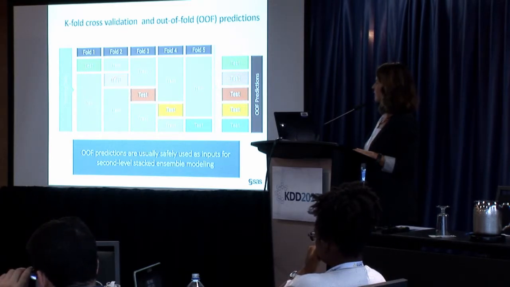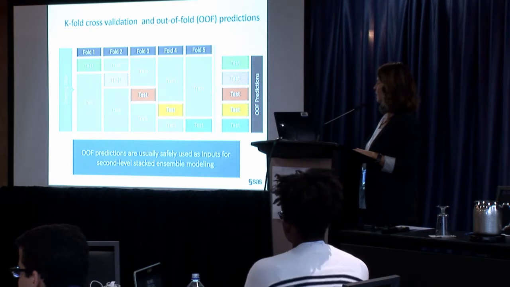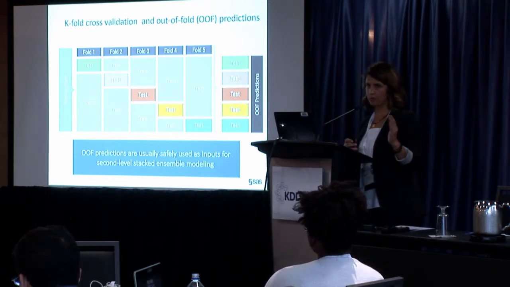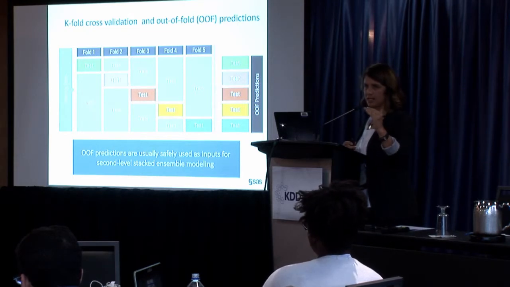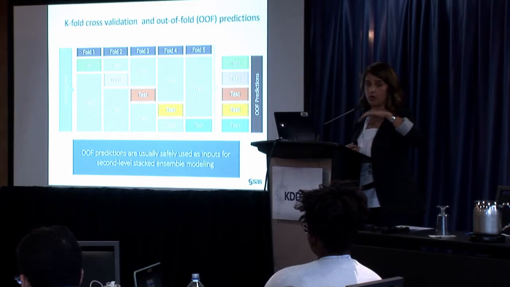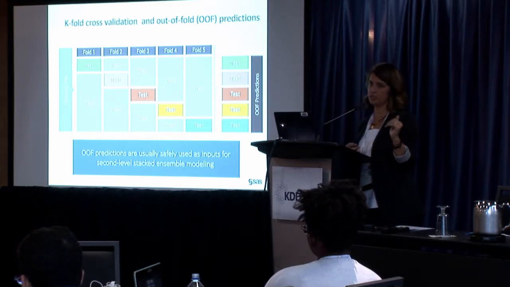Then you do this for the second holdout part, and this is the predictions for the second holdout, predictions for the third holdout set, and so on. When you combine those predictions from all of the holdout sets, you get one column of predictions for your whole training set. And these are called cross-validated predictions.